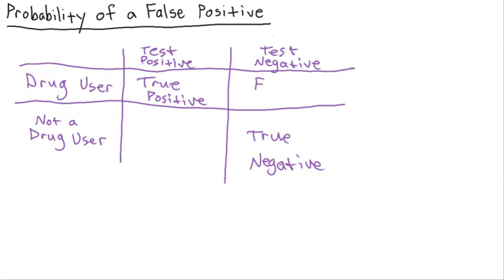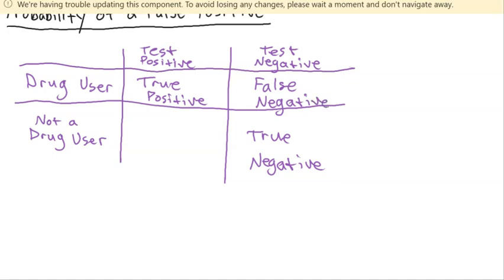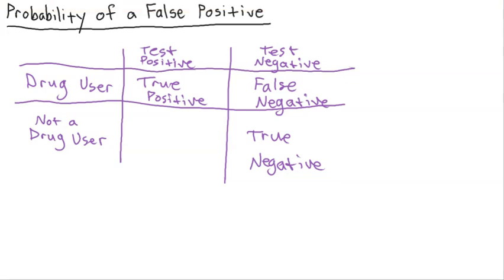We call this a false reading, or in this case, a false negative. The reason we call it a false negative is that it tested negative, saying the person is not a drug user, but they actually are. It's falsely identifying a drug user as not a drug user.